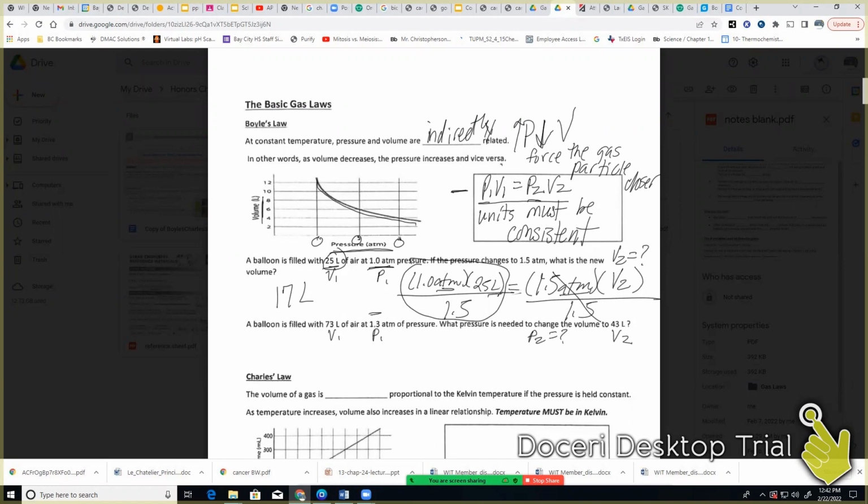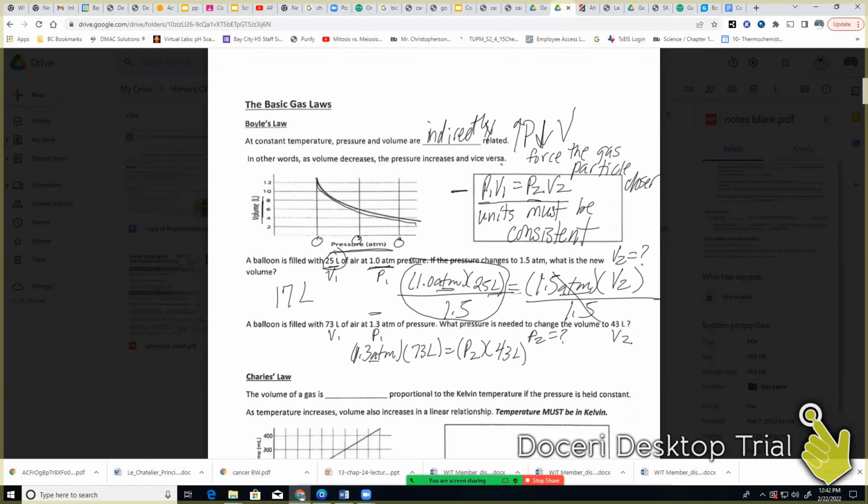All right, we're just going to start plugging in. My P1 is 1.3 ATMs times my V1, my beginning volume, 73 liters. My P2 is what I'm trying to find, and my V2 is, what was my V2? 43 liters. Both of my volumes are in liters, so that's consistent.